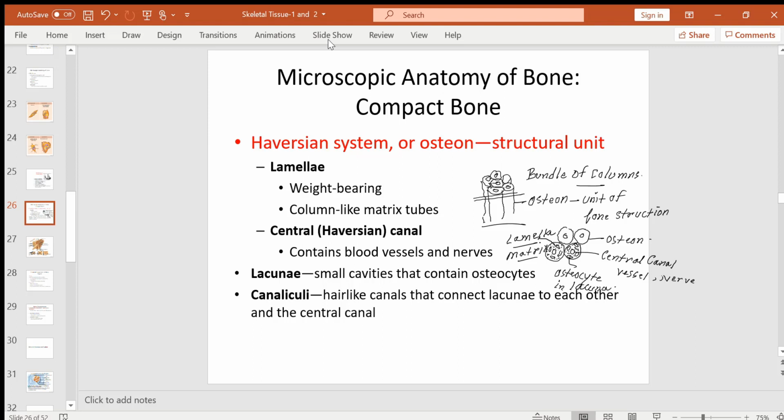Now let me make it bigger and see more clearly. So this is one osteon. This is the central canal. And the central canal contains what? You already know, the blood vessels and nerves. The tiny cavities are called the lacunae.